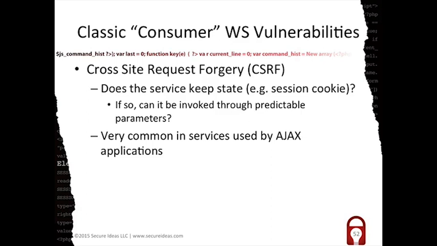So, like I said, cross-site request forgery flaws within web services are fairly common. That is something you definitely want to look at, and it can be XML based or JSON based.